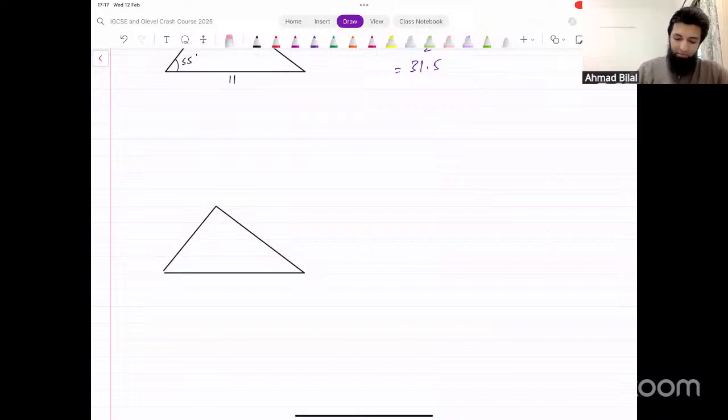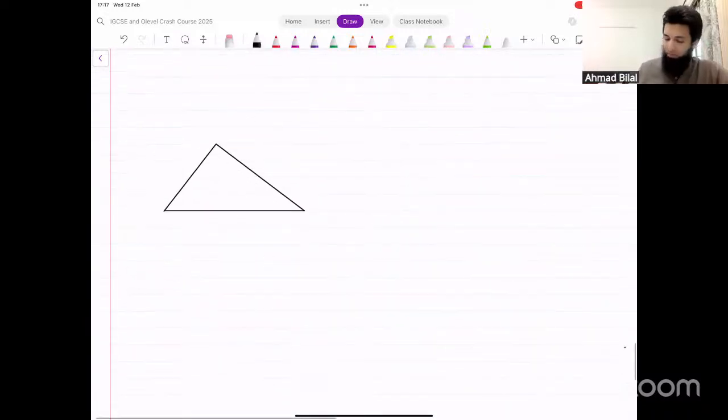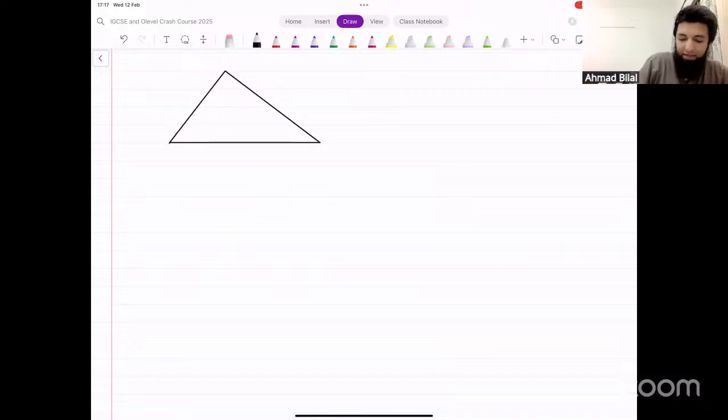And in this triangle, you are given one side, and let's say that one side is 15 here, and you're given another angle. Let's say this angle here is 45 degrees. This is the angle that you're given. And you're given another angle, which is, let's say, this angle here. And let's say this angle is 85 degrees.